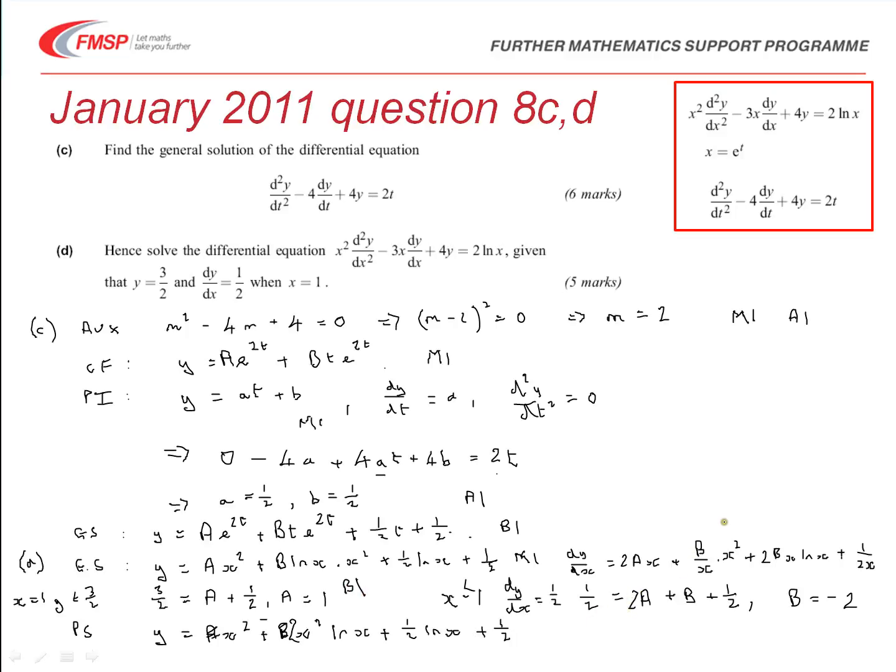Similarly then, using the product rule to differentiate this accurately, you'll get a method mark for that. And then obtaining the b equals negative 2 from there, you get an answer mark. And then for finally stating the correct particular solution for the conditions you were given, will give you your final mark.